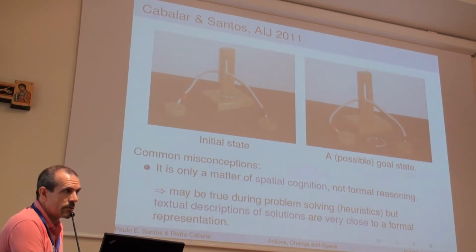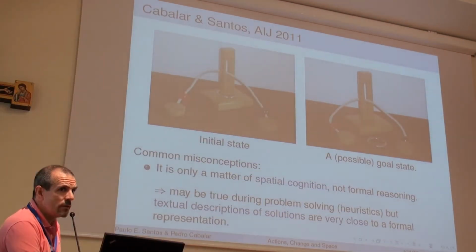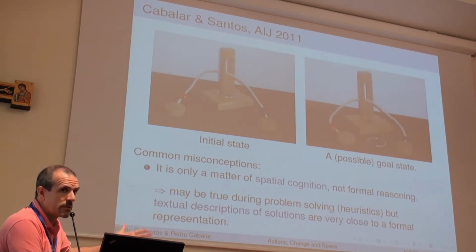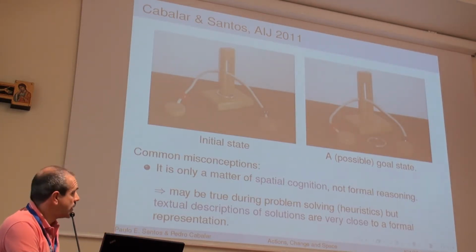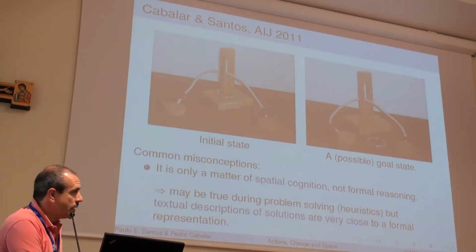So, for instance, when you read the solution, typically the puzzles bring a solution in textual description. This textual description is quite close to a formal representation. That was what we did.